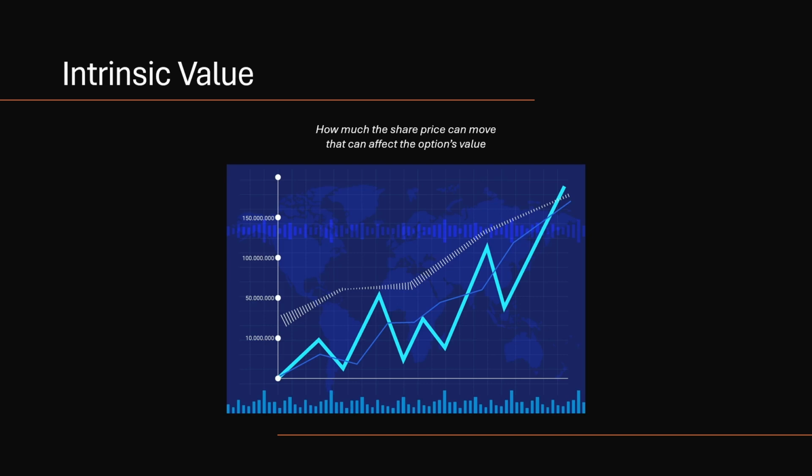However, for puts, if the share price comes down, then you have the opposite effect where it benefits on the intrinsic move. But if it moves upward, then the put option doesn't gain. It doesn't have positive intrinsic value. So it's something simple. You can see that it's solely affected by just the share price.